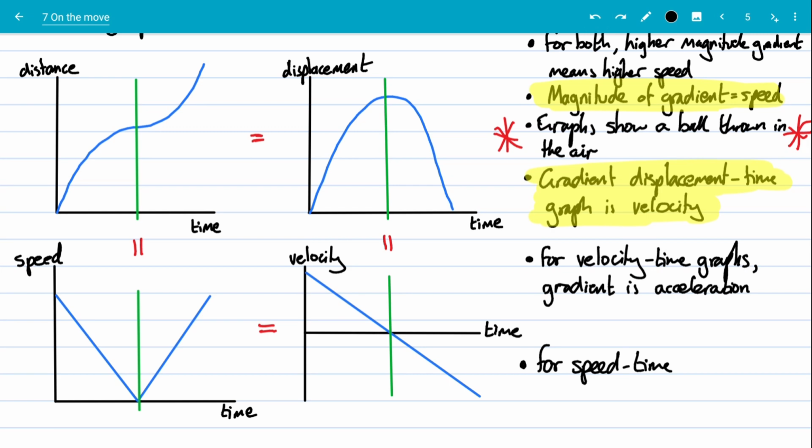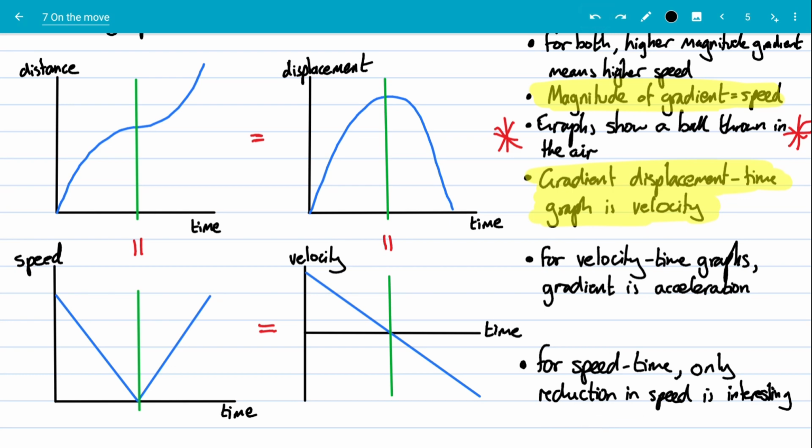So for speed time, only reduction in speed is interesting, which is equal to the deceleration. Well, I should say the gradient equal to deceleration.